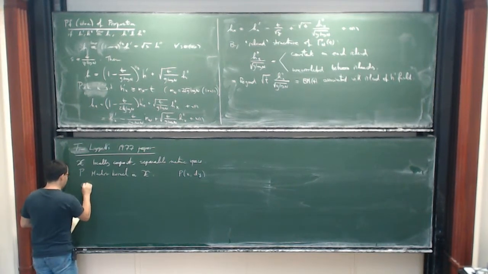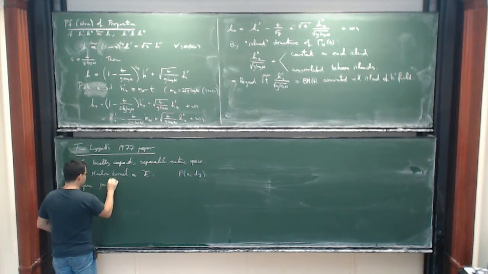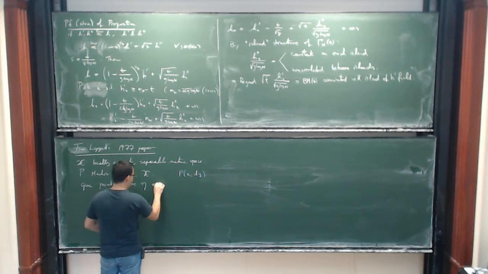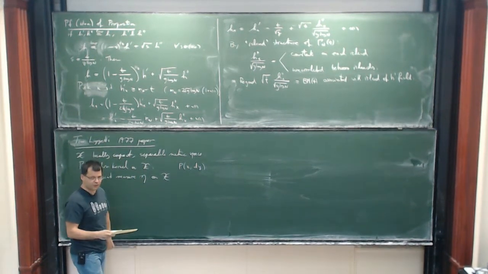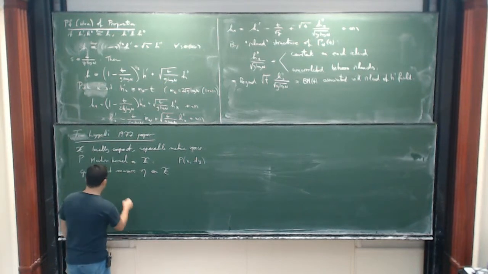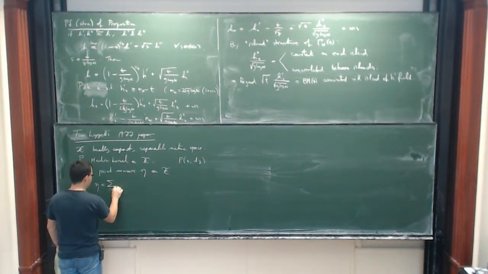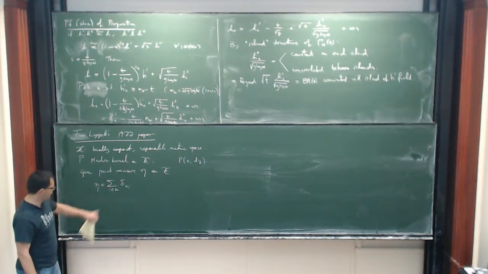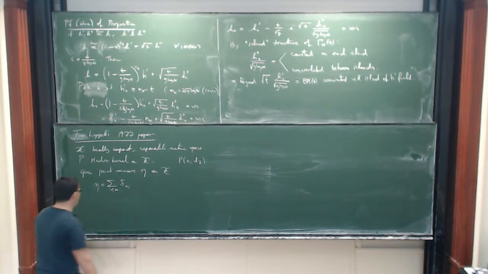So given a point process, a point measure eta on X, which is a collection of points, you can write eta as the sum over i of delta at a_i. I'm indexing it by the naturals because all of my measures will have infinitely many points.